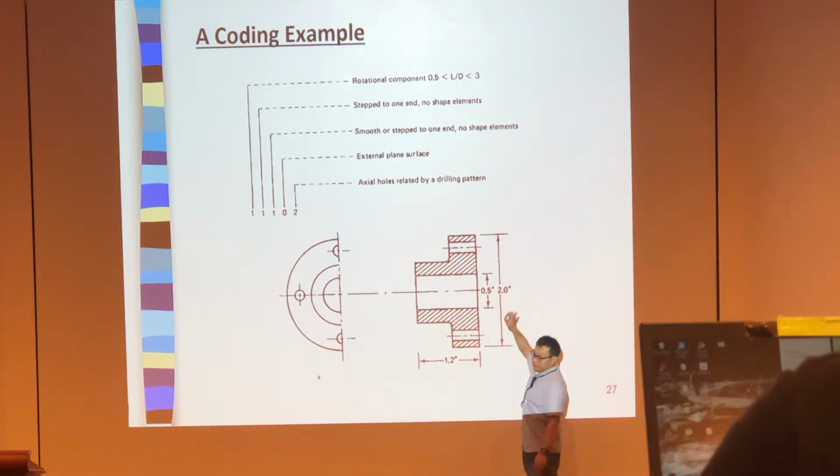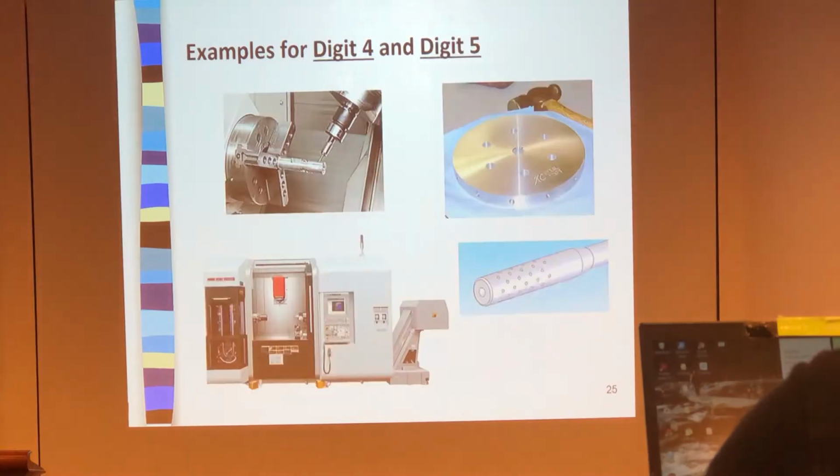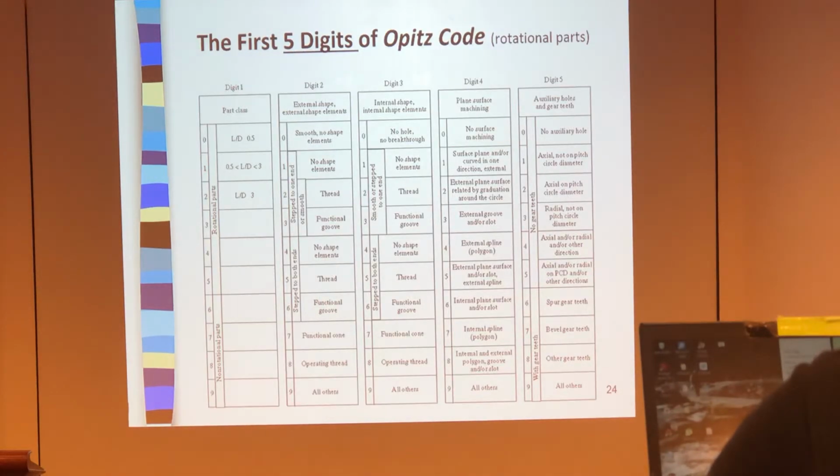So the second digit describes the external geometry. The third digit describes the internal geometry. And for the meaning, I only go for some simple ones, the first few.